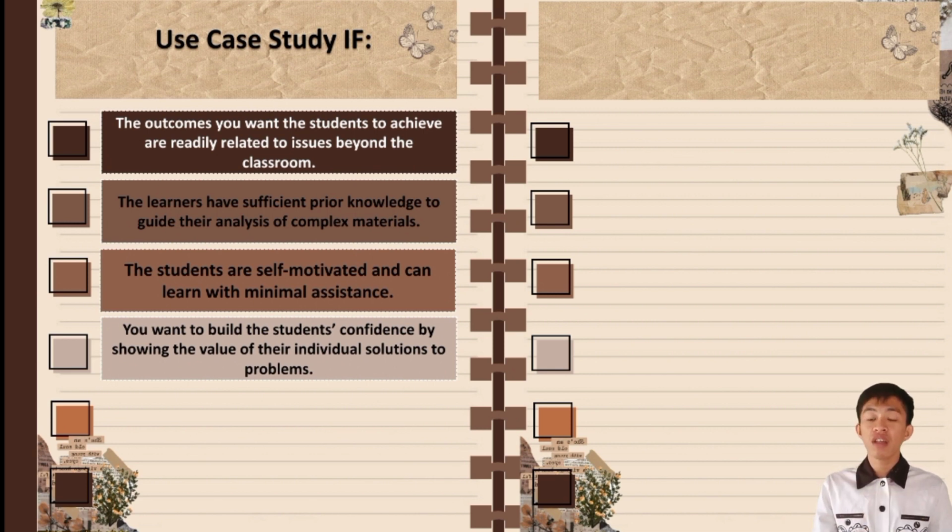So with the use of case study, if you, the teacher, want your students to value individual solutions, then use the case study, because this is a very good opportunity for us, the teachers, to develop the students' individual problem-solving skills in real life, not just for, for example, a 1+1 problem or some situations that can be found in a book, but we are talking here also about science life. We have the biological life, like the life that we experience day by day.